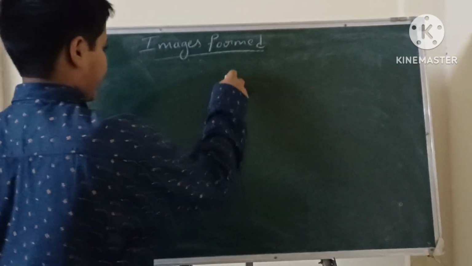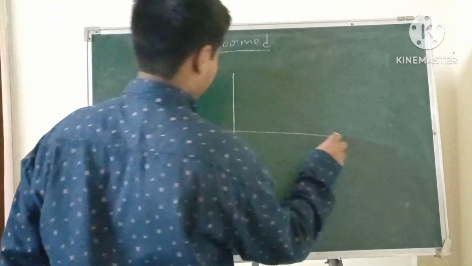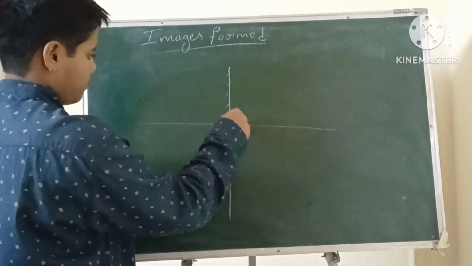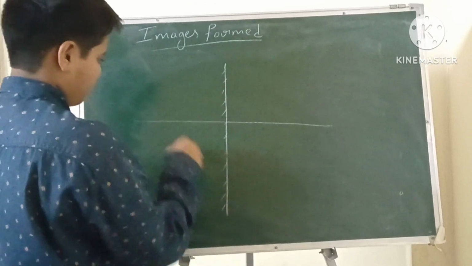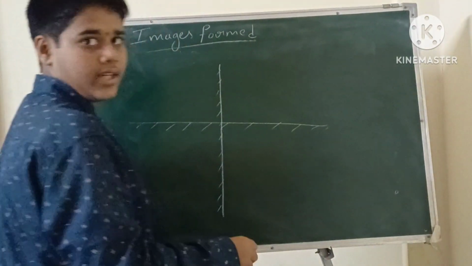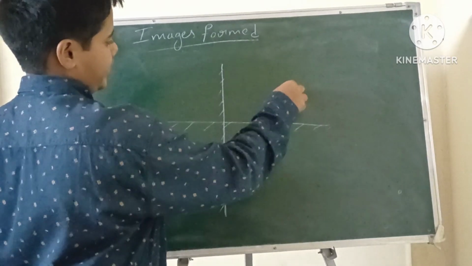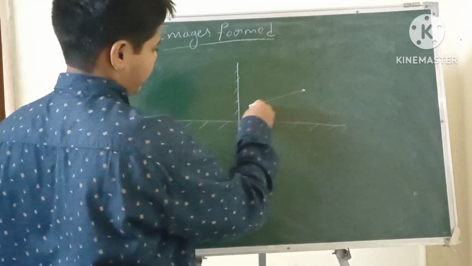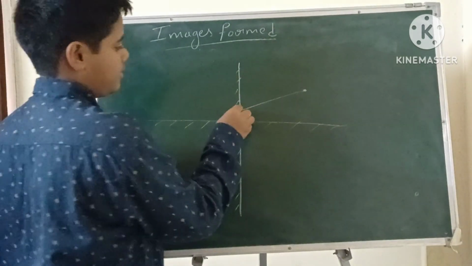When they give plane mirrors like this, here the object is there, and this is the incident ray and this is the reflected ray.